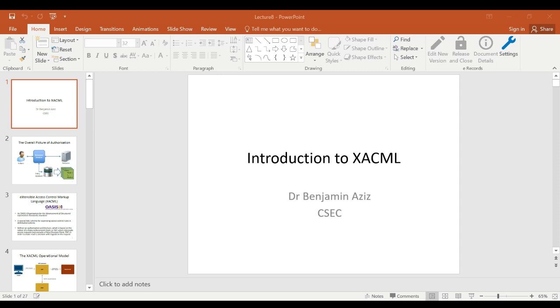Today we will be talking about a language which is used extensively in industry, and it's called XACML. It's called XACML because it is essentially a schema of XML, the extensible markup language. But that schema is specific for implementing access control policies.